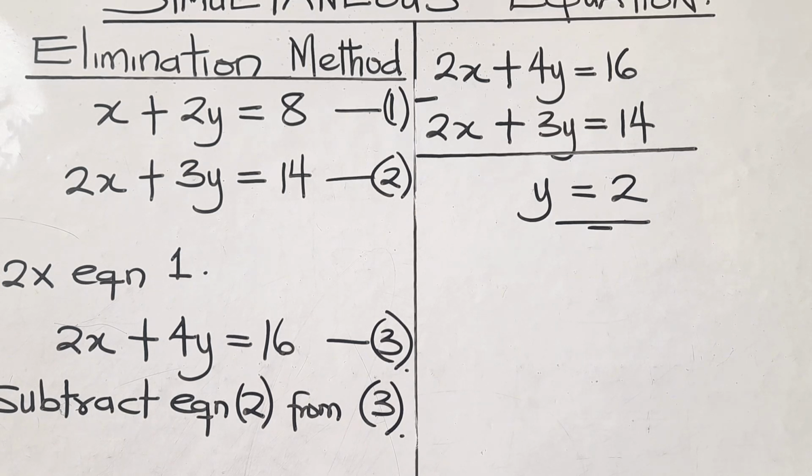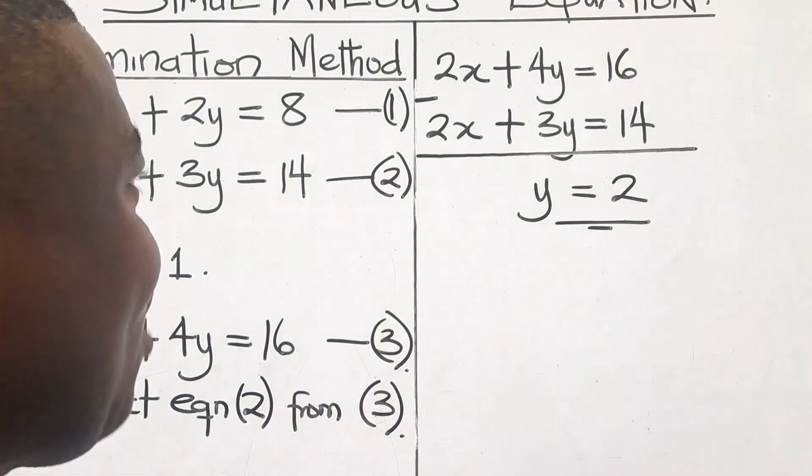Now let's get the value for x. To get the value for x, we can use equation 1, 2, or 3. But I want to go with the one that is more basic, in the sense that the coefficients are the lowest. I can use any one, I just want to ease my work.